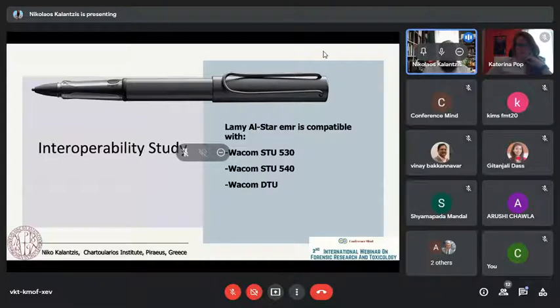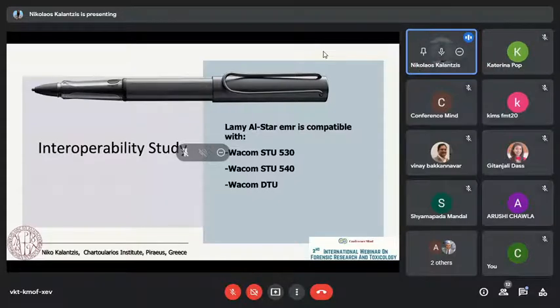And we are in discussion with Wacom, and we have let them know. So at some point, there will be an official update mentioning that these devices are compatible with more digitizers than the ones that are mentioned on the website officially.